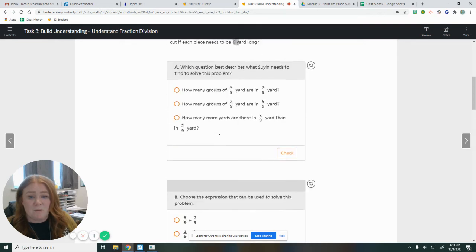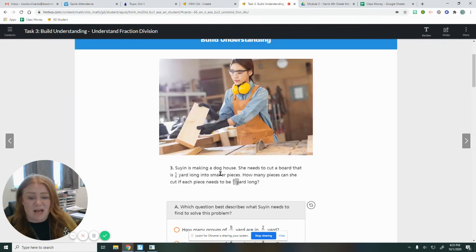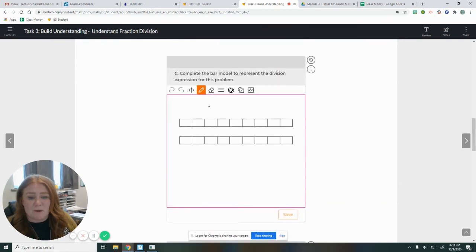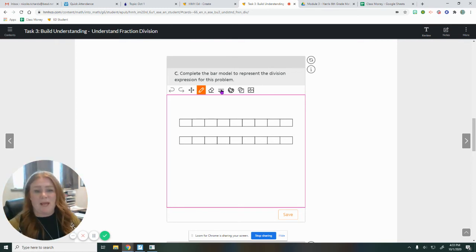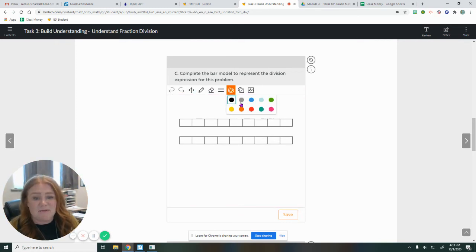So we know we have 5/9. Hey, we know we have 5/9 of her board. So she has 1, 2, 3, 4, 5 of those pieces.